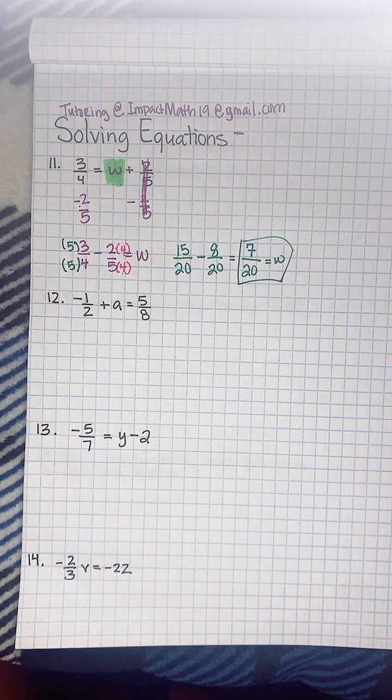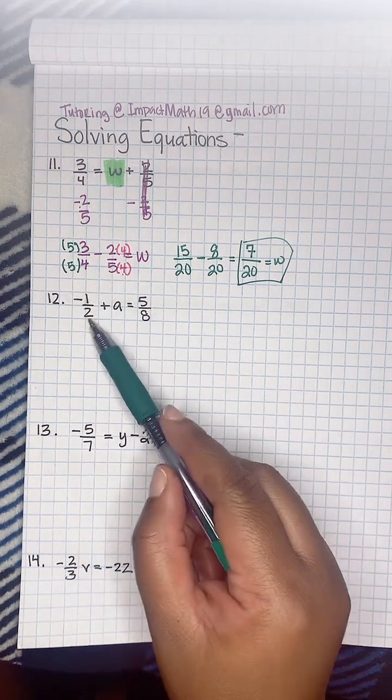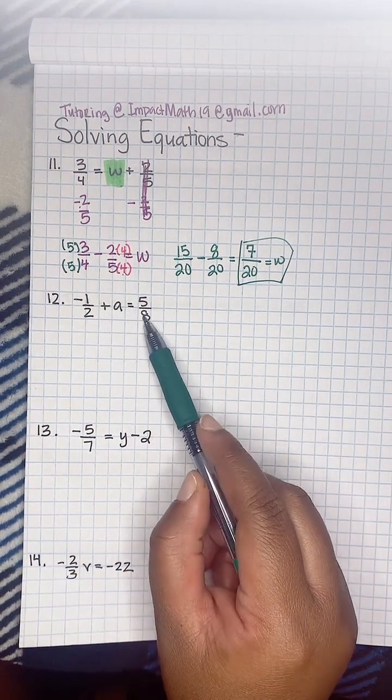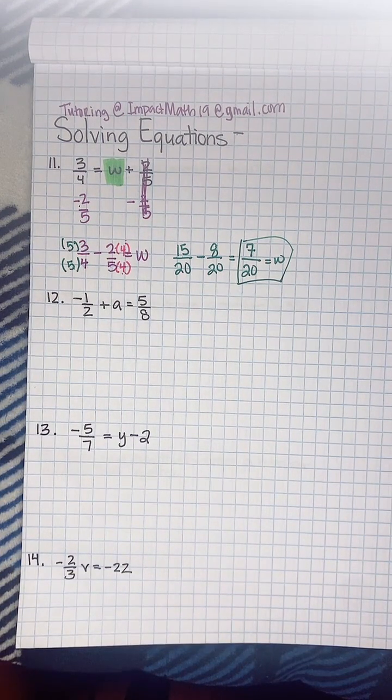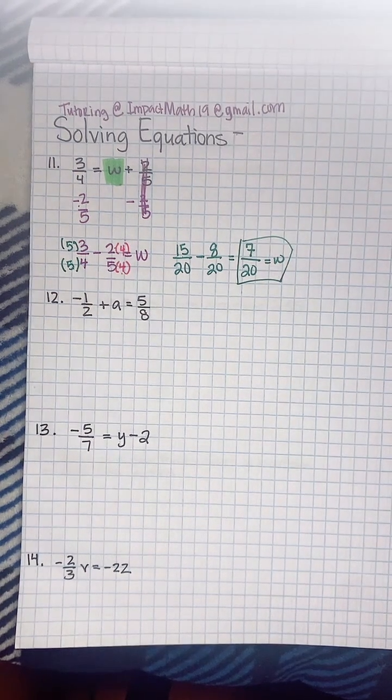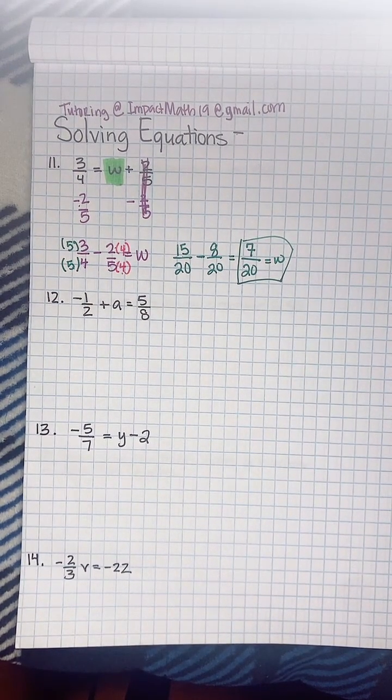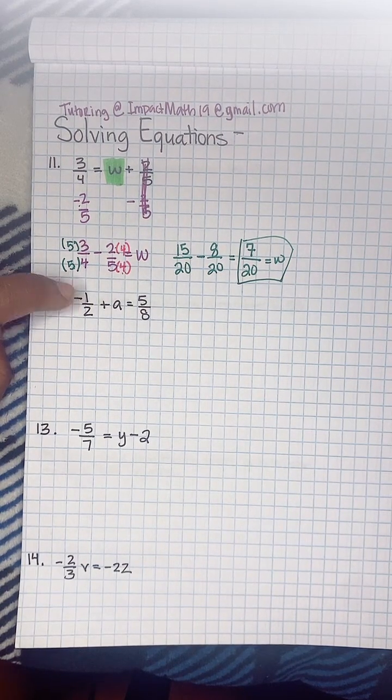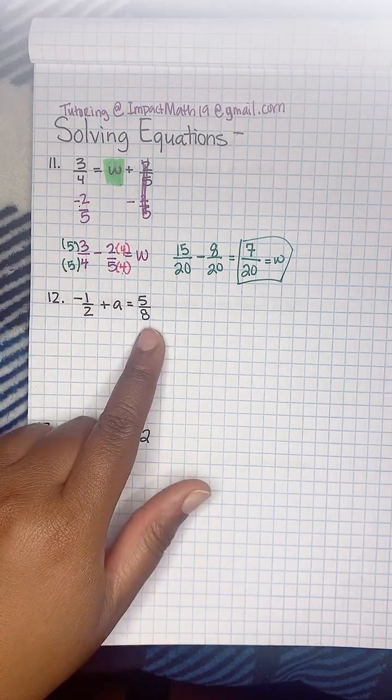All right, so number 12. We have -1/2 plus A equals 5/8. Okay, I want to see it in the chat. What do we have to move to the other side? -1/2. Good. Yes. The -1/2 is what we have to move to the other side.